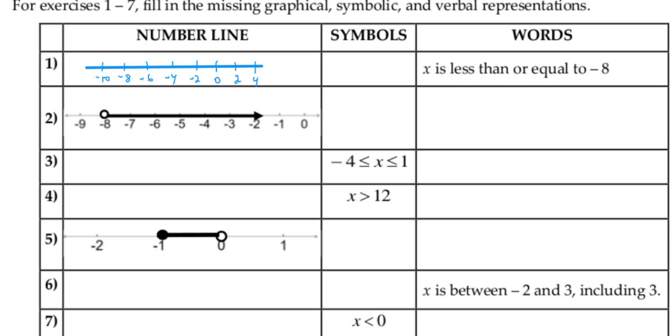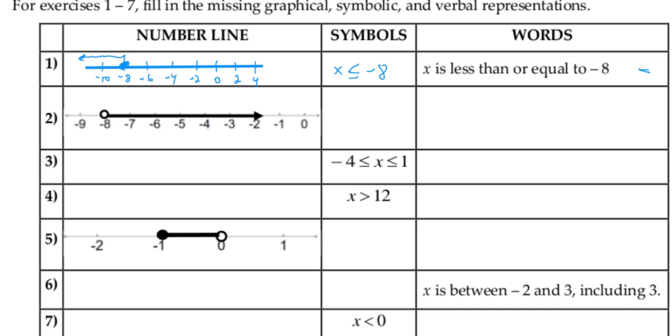So I'm going to draw a closed dot at -8. Okay, and then my line, since x is less than, is to the left, so I can just do something that looks like that. And that satisfies the number line for what we have here in words. And then using symbols, we would say x is less than or equal to -8.